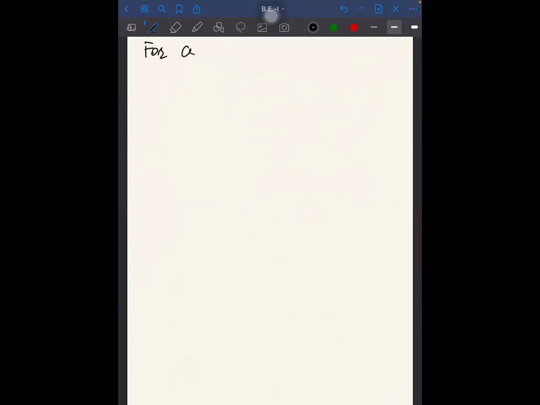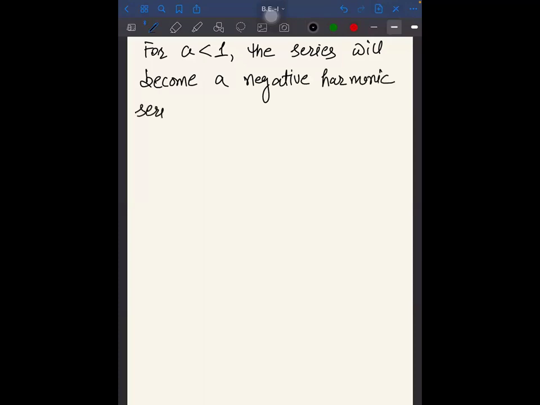For a less than 1, the series will become a negative harmonic series for all n greater than or equal to some m. Some m will come so that the tail will eventually become a negative harmonic series, therefore it will be divergent.